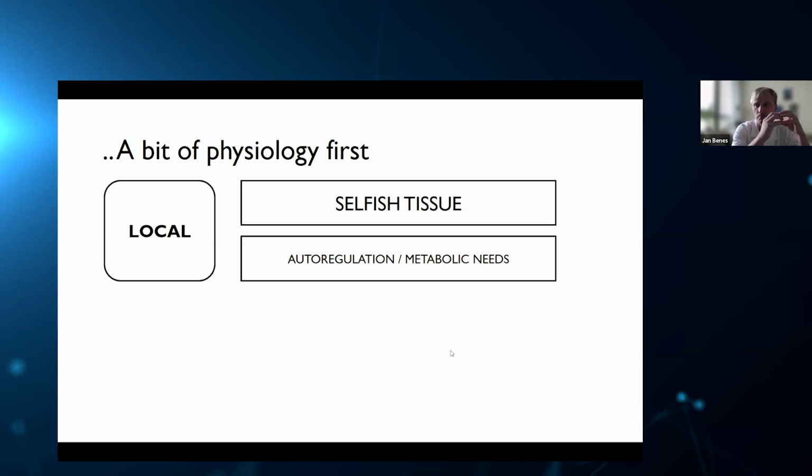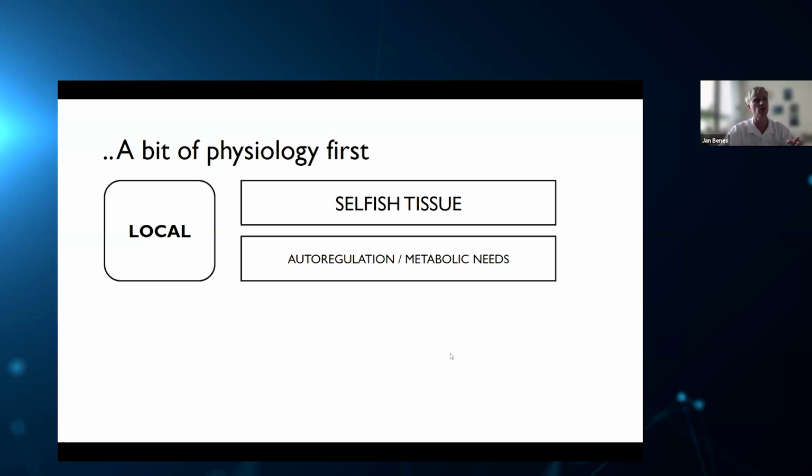For instance, muscles undergo huge metabolic changes in exercise: your muscles have high metabolic needs and increase their flow within the circulation by autoregulation. So there is a local regulation, and the tissue is somehow selfish. It just takes what it needs and adapts the flow to its own needs.